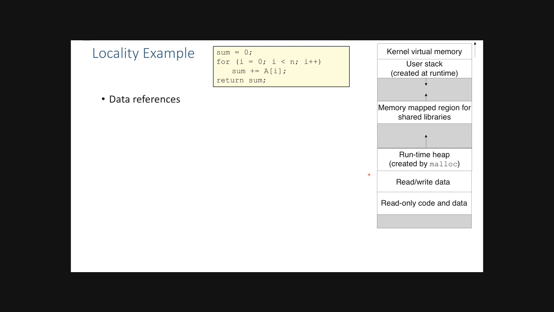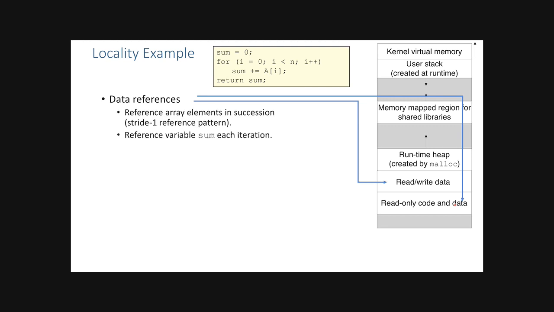So when we have certain kinds of data references, such as accessing the read-write data, or maybe it's read-only data, either way, the data that's stored in memory for our program, we might do something like reference elements in the array in succession. And that's exactly what's happening here.